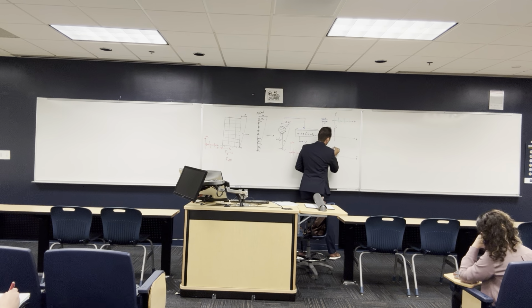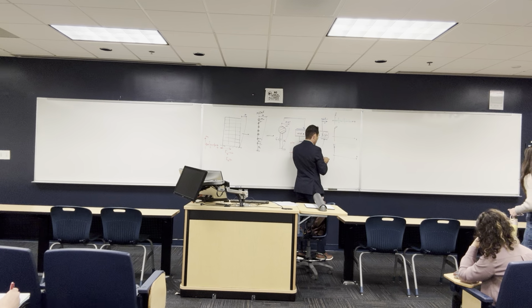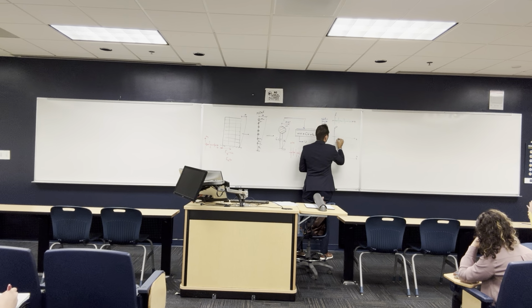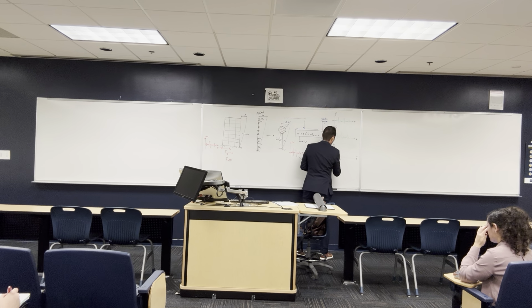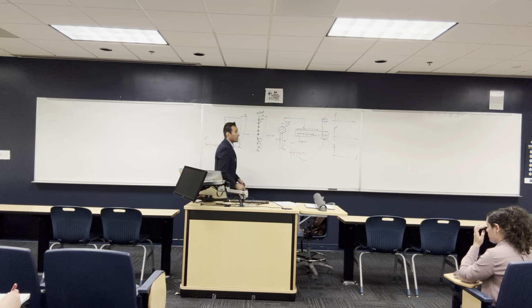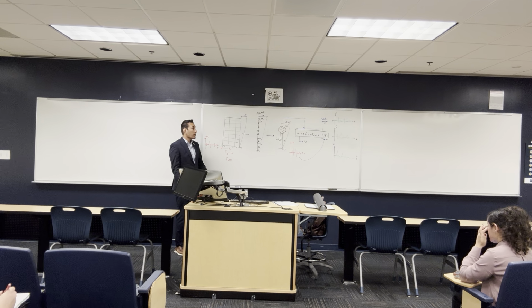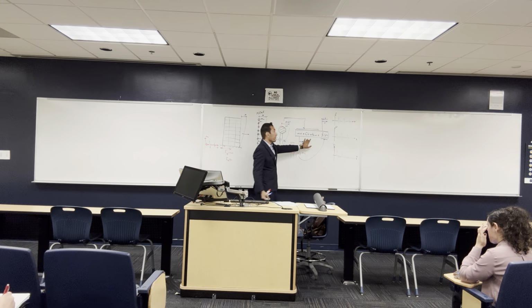The same thing we can do with u double dot. The final velocity is going to be something like this, and the final acceleration is going to be something like this. That's the final result once we solve this equation.